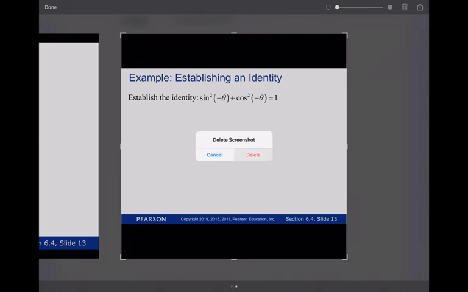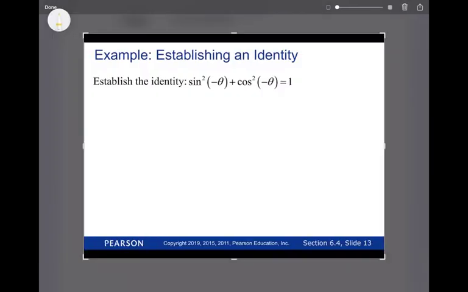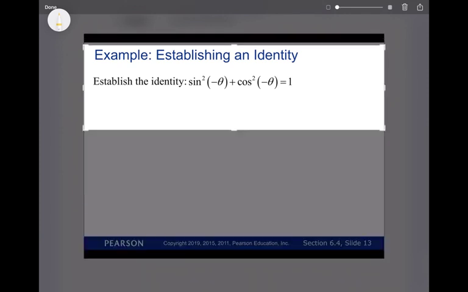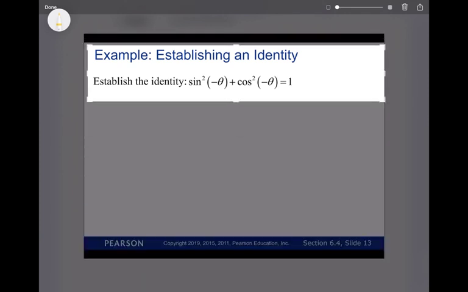Basically, all the trig functions are odd except cosine and its reciprocal. Those two are even. Cosine is even and secant is even. Does that make sense? That's the simplest way to remember that, in my opinion, that I've come across.